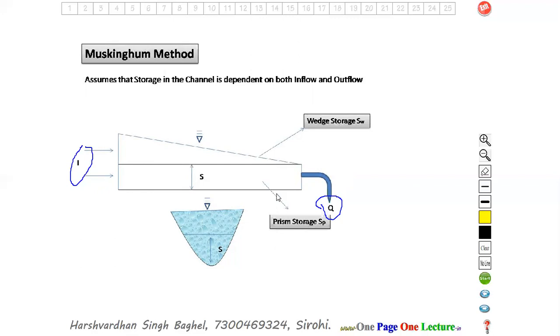That is the prism storage section and the wedge storage section. We can say a particular channel maintains a constant level of water, that is the storage, which goes as an outflow when it discharges onto some other stream, and it has a sloping surface which flattens at the ends of the channel.